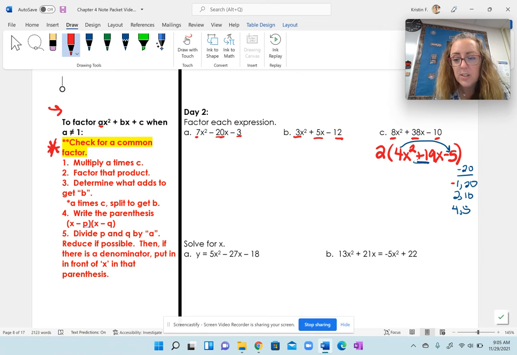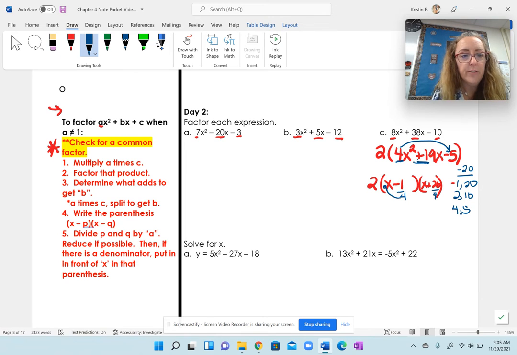Still keeping that 2 out in front, we're now going to split the parenthesis into the x minus p and the x minus q with the 1 and the 20. With that 4 out in front, we need to put 4 underneath both of them. Hopefully this is starting to look familiar again. 1 over 4 doesn't reduce, so we're going to put the 4 right out in front of the x.